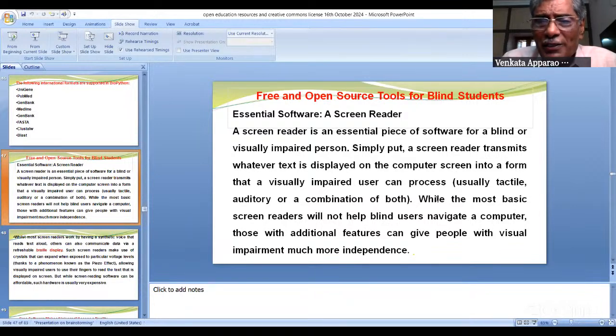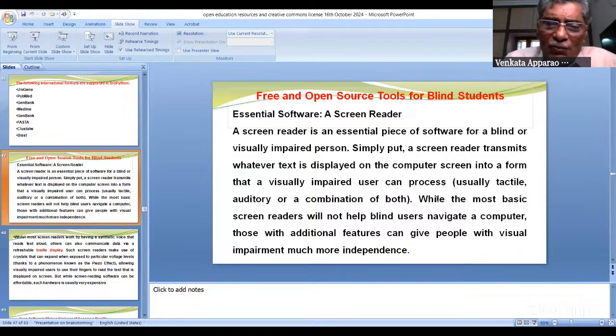That is very important. It is the responsibility of the institution. It is the responsibility of the teachers to see that inclusivity is taken care of. Blind students do not have any disadvantage at all.